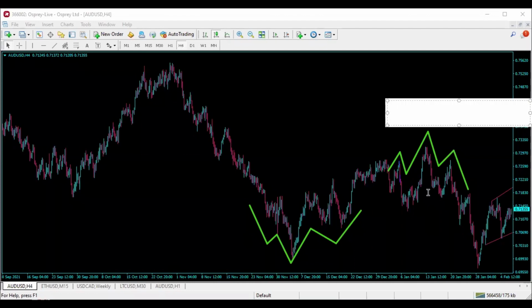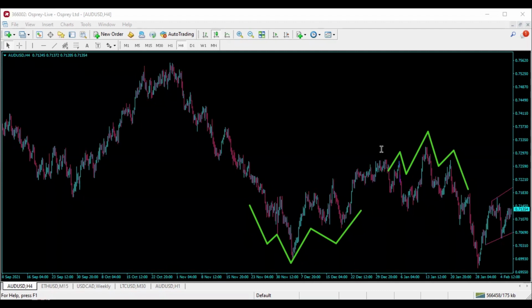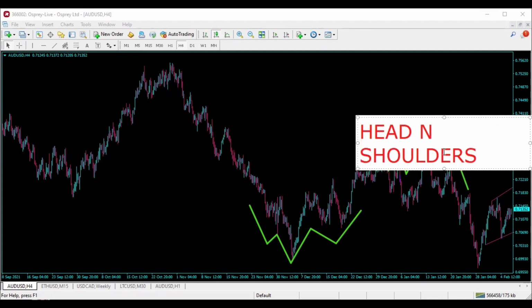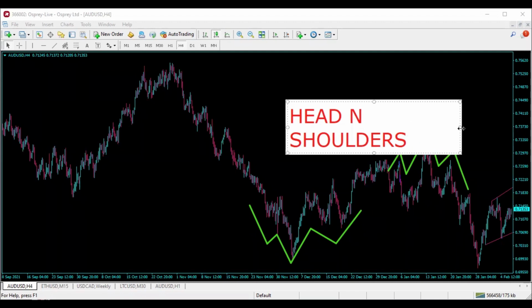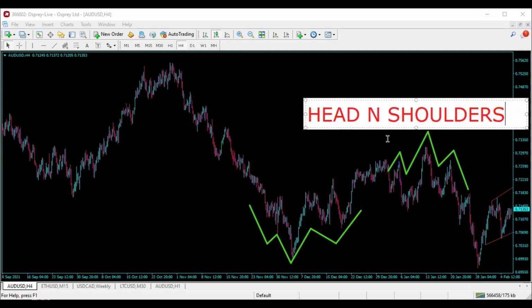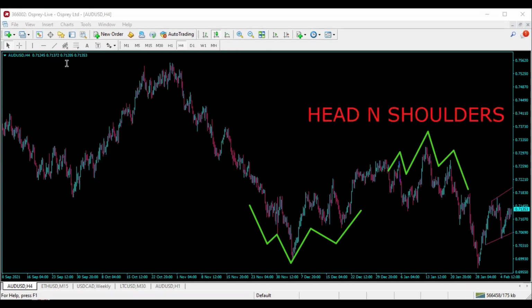This is the head and shoulders, and right below it is the inverted or upside down version of the head and shoulders. I'll see you on the next video.